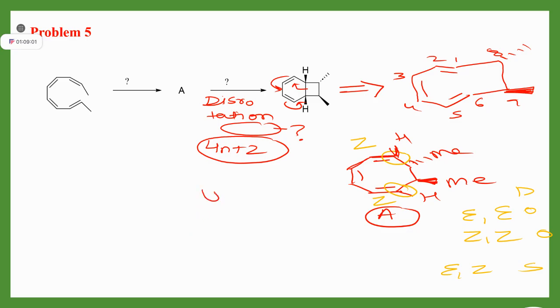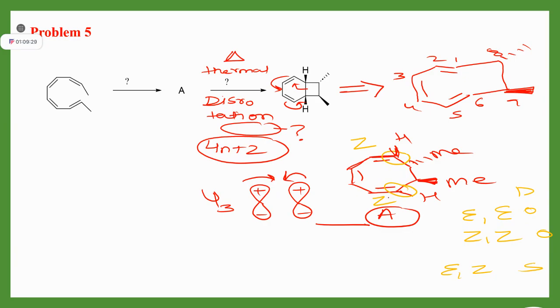Psi 3 will be the HOMO. Psi 3 means the end orbital signs are going to be the same, and for their constructive overlap you have to do this rotation. So one thing is clear, here the condition will be thermal. Sorry, heating. So your A is this, the condition is thermal.